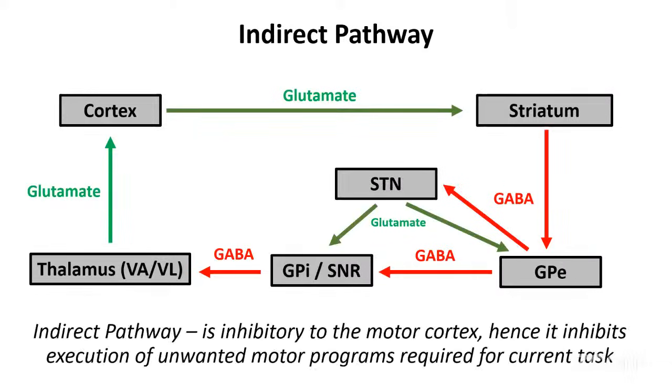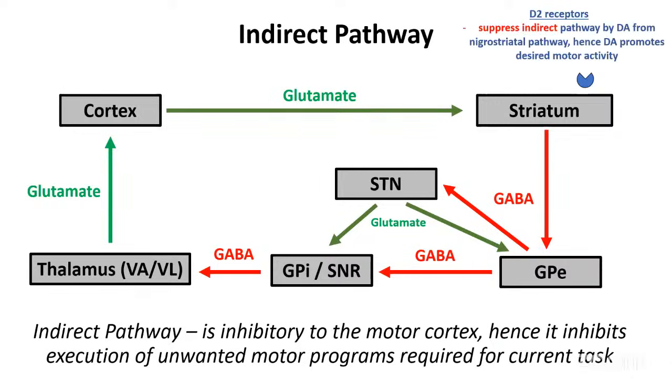So here we have the globus pallidus externa as well as the thalamus, apart from the striatum and globus pallidus interna and substantia nigra pars reticulata. So impulses from the cortex go to the striatum, which is facilitatory through glutamate. Then from the striatum it goes to the globus pallidus externa. Globus pallidus externa goes to the subthalamic nucleus and also to the globus pallidus interna.